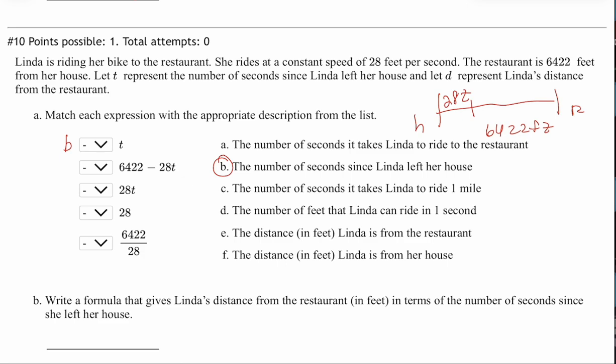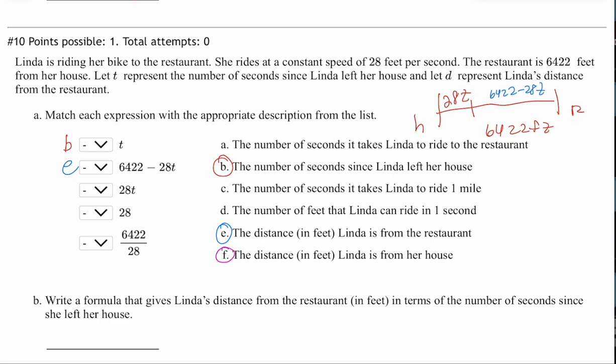6,422 minus the 28t is the distance she has to get to the restaurant yet. That would be right here. So that's E. 28t, remember, was the distance she has from her house, the distance that she is riding.